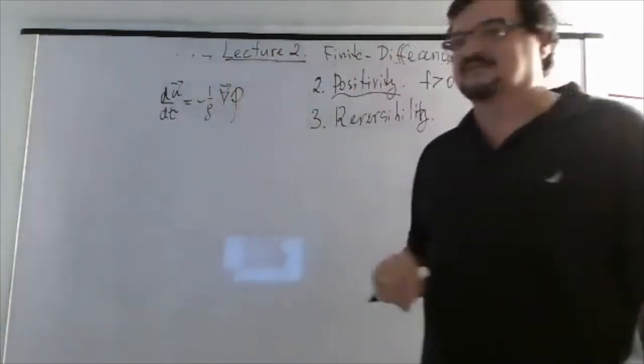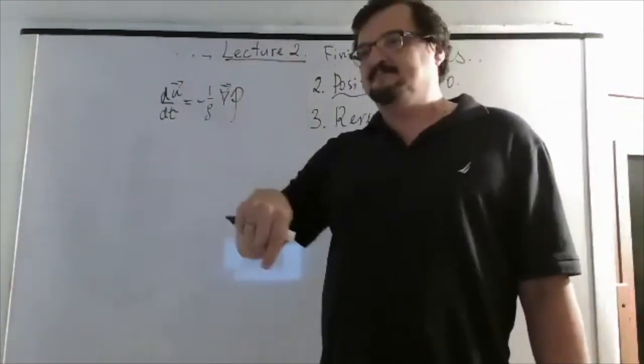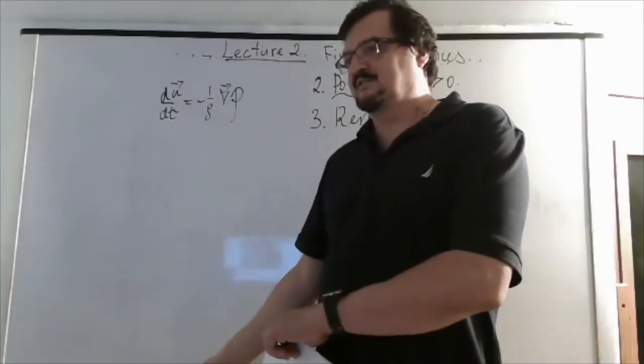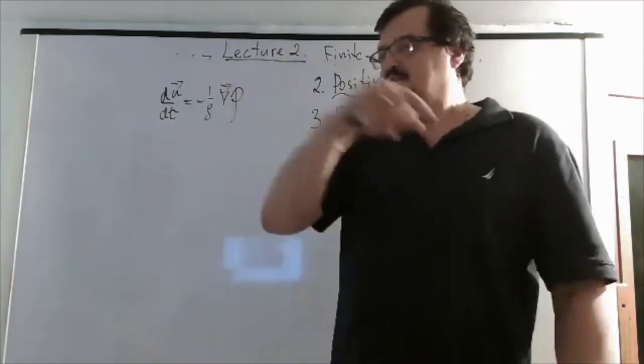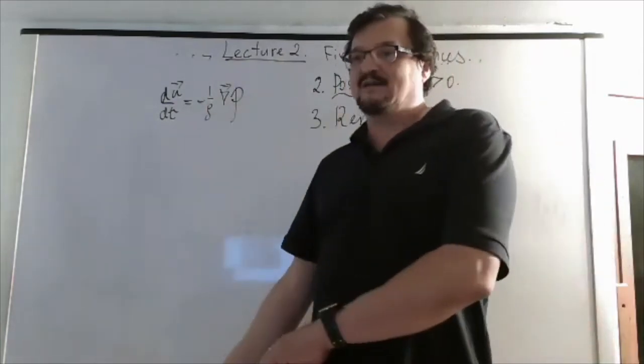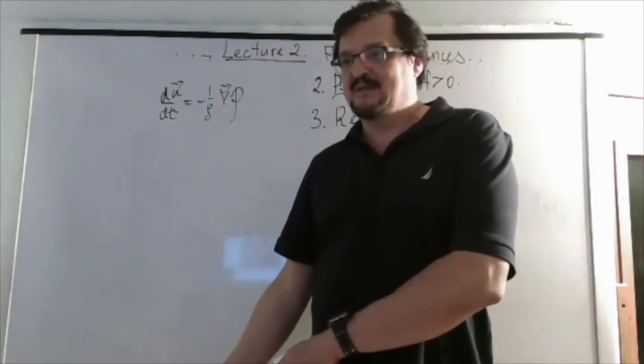So this equation, if you reverse time, it will produce your initial conditions. You move forward, then you stop, you reverse time, you will go back to the same condition.